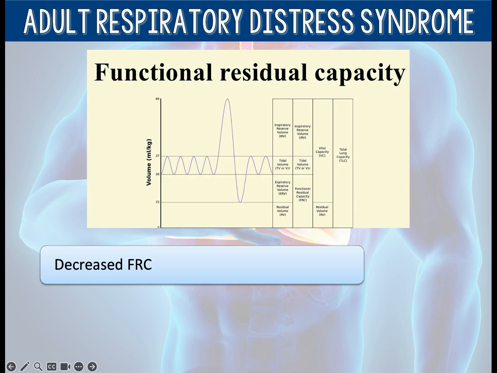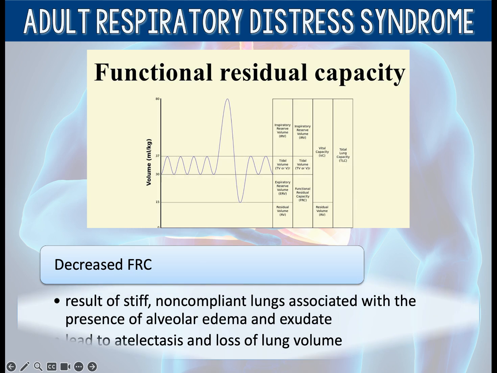So why is it decreased in ARDS? It's because the lungs are so stiff, they're non-compliant because of all this alveolar edema and exudate. And this leads to atelectasis and loss of lung volume because you lose air, you lose that volume.